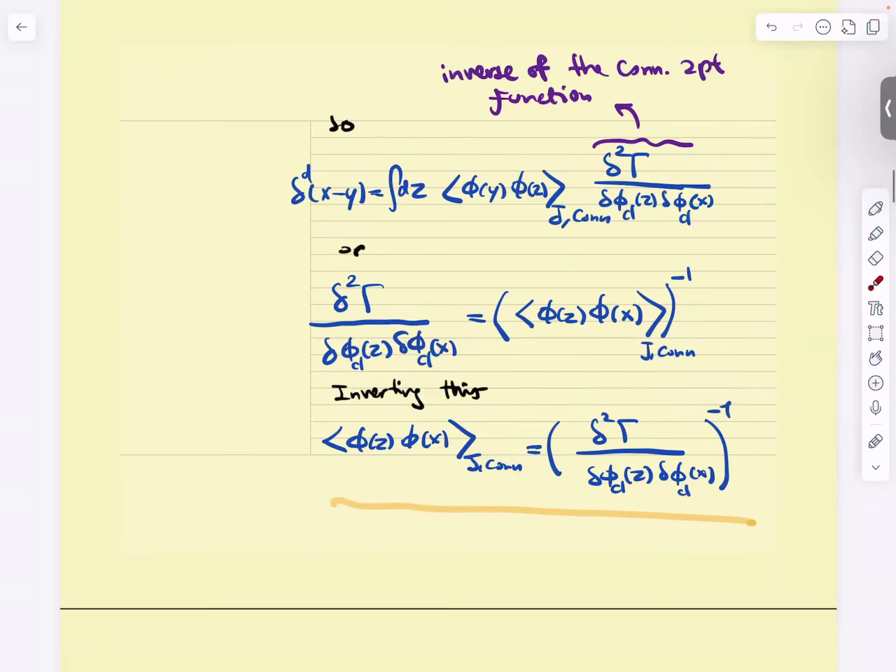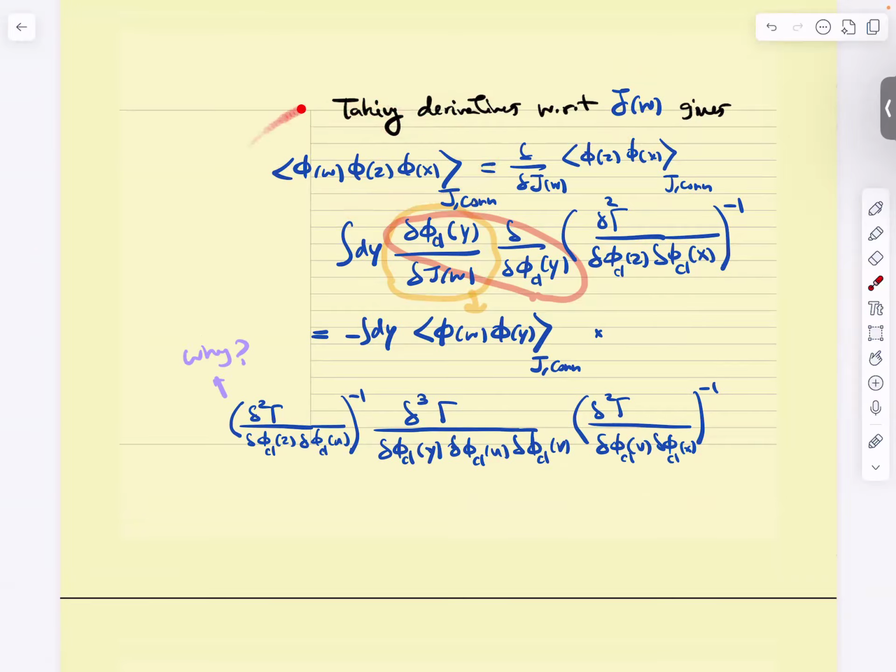All right. Taking derivatives with respect to J, let's take further derivatives. If you want the third derivative, del J of the connected 2-point function, it's the same thing. Now you're going to insert this again and integrate over Y, right? The 2-point function was the second derivative of effective action to the minus 1, right? Del J, and I've inserted the resolution of identity.